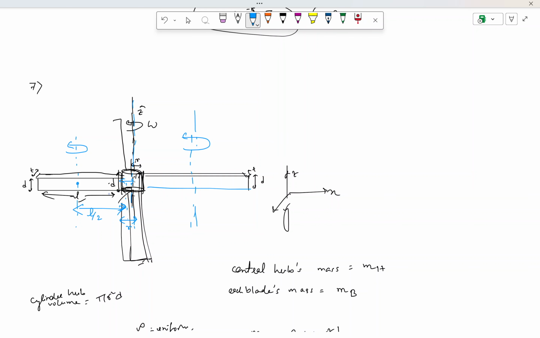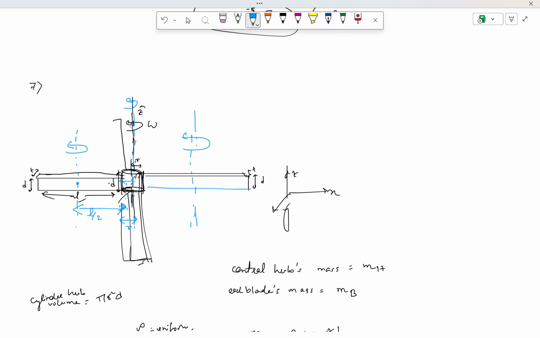So now you have to express everything in terms of rotation about this central axis. The rotation of the blades is about the axis that passes through their center, but you have to apply the parallel axis theorem and convert it into a moment of inertia about this Z axis.